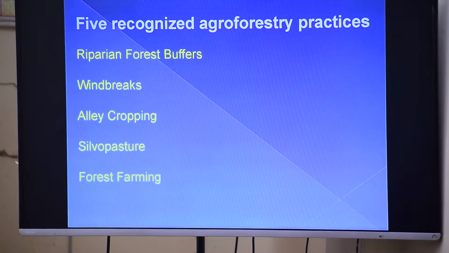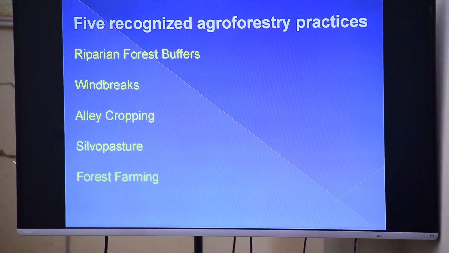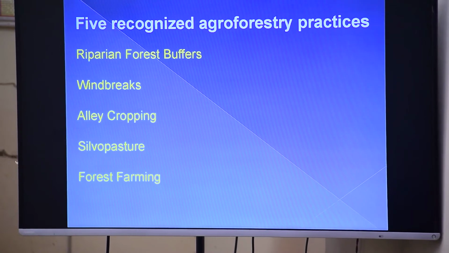Growing forest, trees, shrubs, or grasses along the bank of rivers.